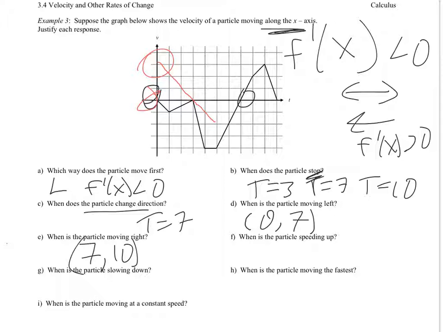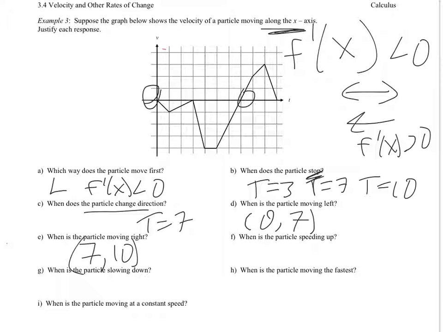So now, you've done some of this already. Okay. It's speeding up when the velocity has the same sign as its slope, whereas the second derivative.